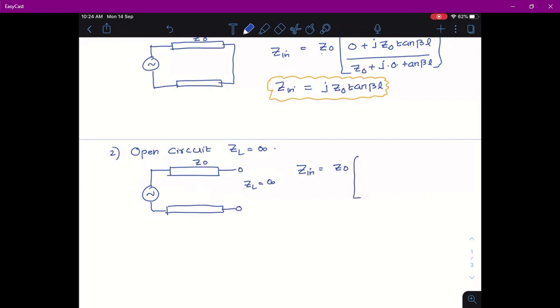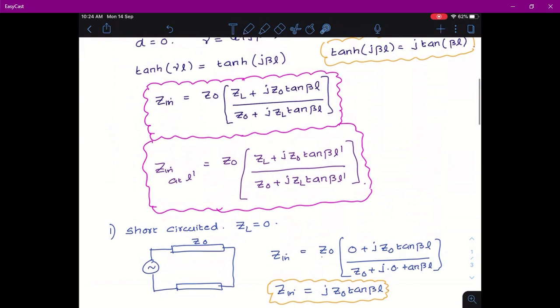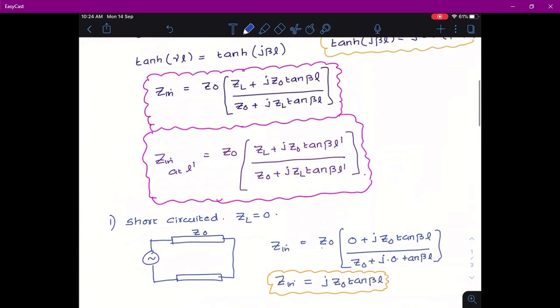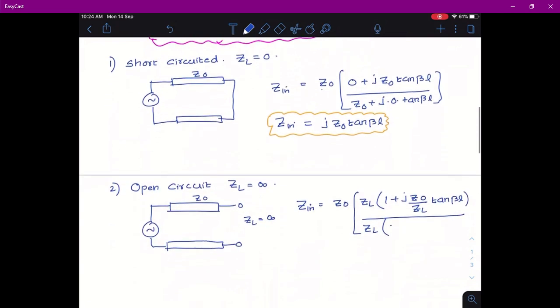now I would like to make ZL at the denominator. So, what I will do, from this expression I will take ZL out from the numerator and ZL out from the denominator. So, I can write this as ZL multiplied by (1 plus j Z0 by ZL tan beta L) divided by ZL into, this is ZL at the denominator also, (Z0 by ZL plus j tan beta L).